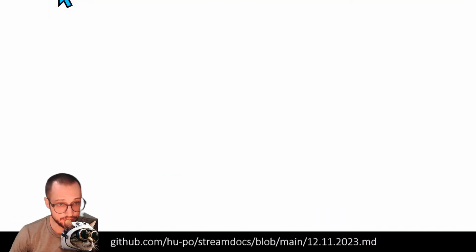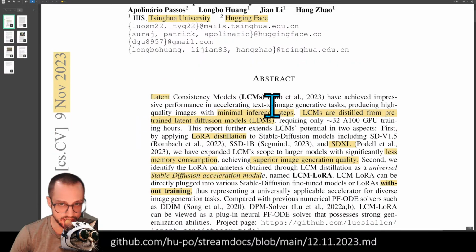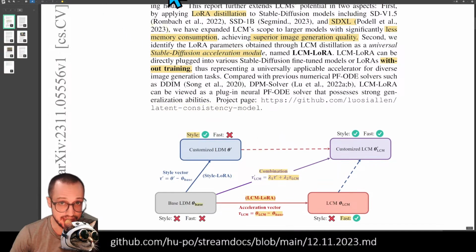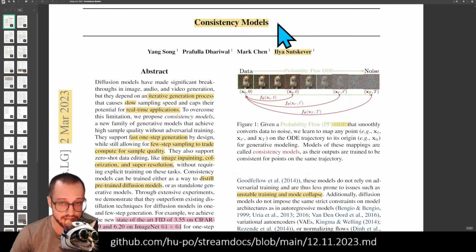So the first paper we went through is called LCM LoRA, and this is a cool little paper from some people from Hugging Face and Tsinghua University, where basically they take the latent consistency models, or consistency models applied to latent diffusion models, and these are models that distill diffusion models such that they can work with fewer steps.